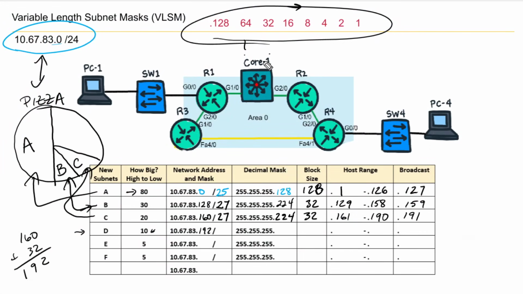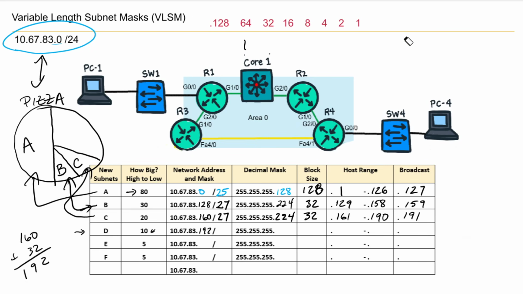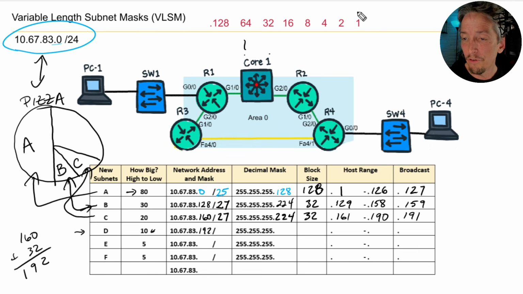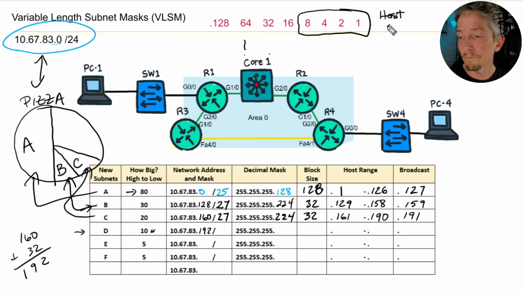Same game as before, just a different quantity. In this case, how many host bits? Let me get my eraser out and clean this up a little bit, and we'll focus on 4 bits and see what that looks like visually. We need to save these 4 bits for host bits. That means the mask, as it has 24 bits on up here, we could actually have one there, one there, one there, one there, and then tell it to leave those 4 host bits alone.